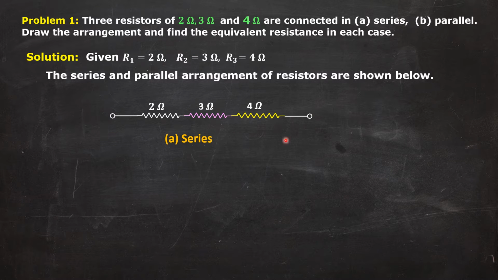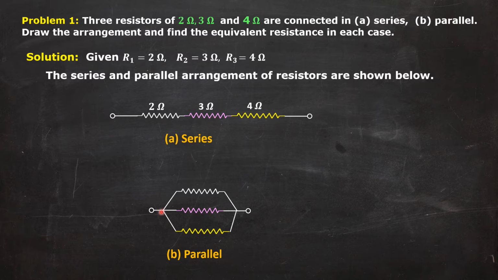I have drawn the series connection here and here is the parallel arrangement. Between these 2 points, 3 resistors have been connected in series. In this case, the 3 resistors 2 ohms, 3 ohms and 4 ohms have been connected in parallel. So what is the resultant or equivalent resistance in each case? Let us find it.